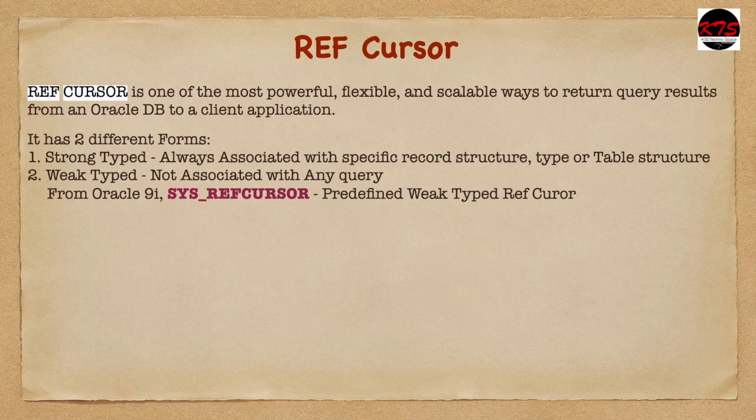From Oracle 9i, a new ref cursor which is part of the weak type has been introduced, a system predefined ref cursor. Instead of declaring, we can directly utilize sys_refcursor, which is called the predefined weak type ref cursor. So no need to declare it, and you can directly utilize it in our code. That also we'll see in this video.